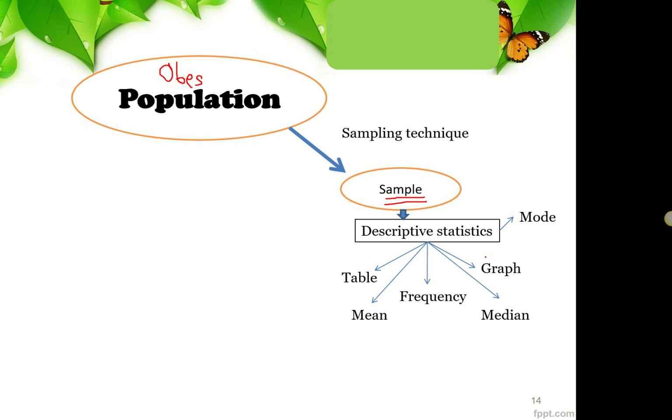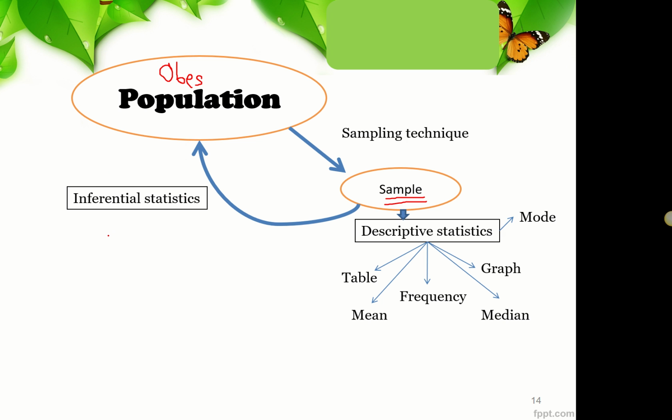But you can't stop the analysis at descriptive statistics, because you have your target population. The sample only covers a few things from that group, but you have your population, so you must infer the result from the sample to the whole population. That's why we do inferential statistics.